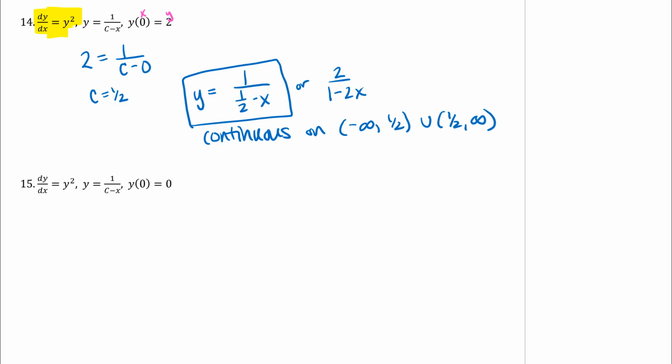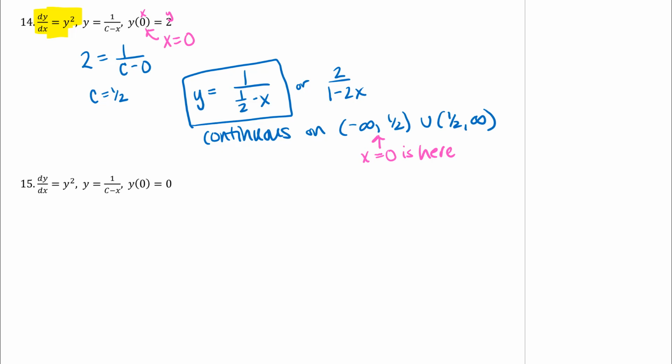So one of the mistakes that students often make about interval of existence is that they will write down both of these intervals, or the wrong one, perhaps. The important thing to understand here, though, is that we are given a point at the beginning, and our point at the beginning here is at x equals 0. And x equals 0 is in this interval here because 0 is less than 1/2.